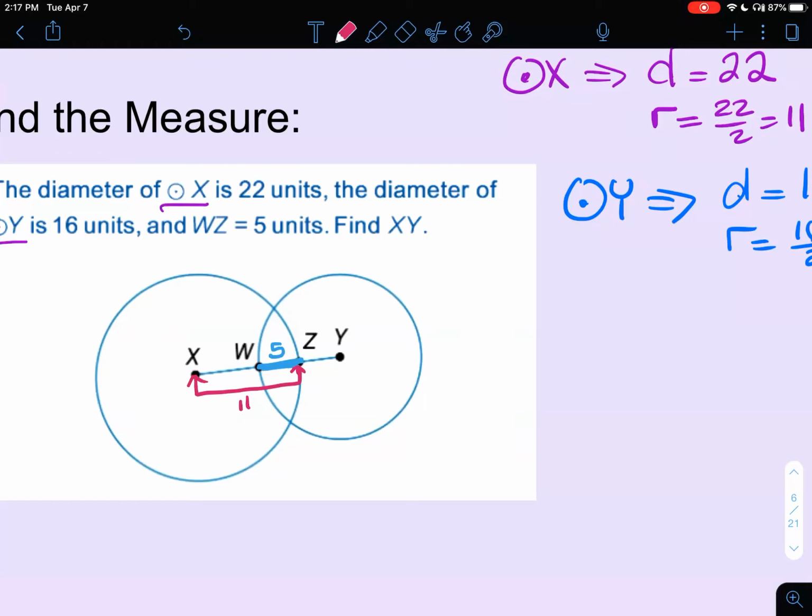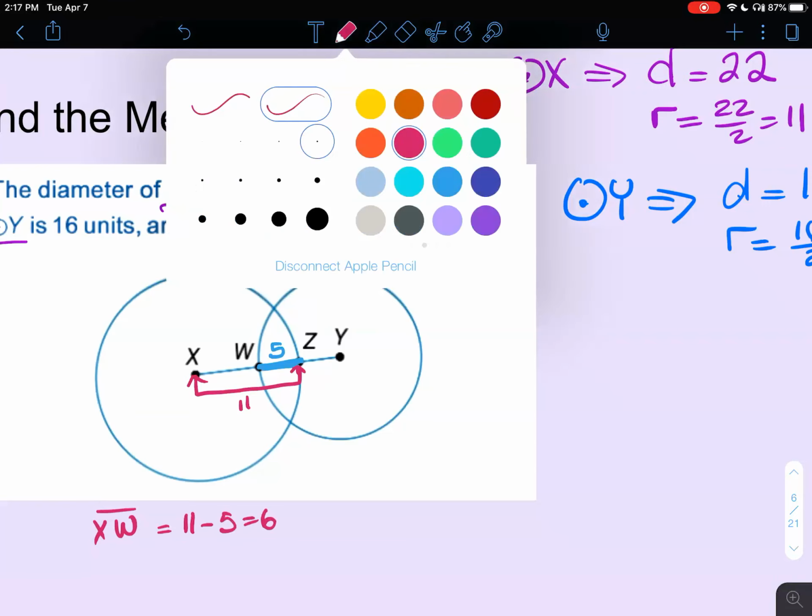So if we want to find the measurement of XW, that's not too hard here. We could actually do that very quickly. The measurement of XW is just simply going to be 11 minus 5, which is 6. So we could actually go ahead and fill that in. It might come in handy here in a minute.